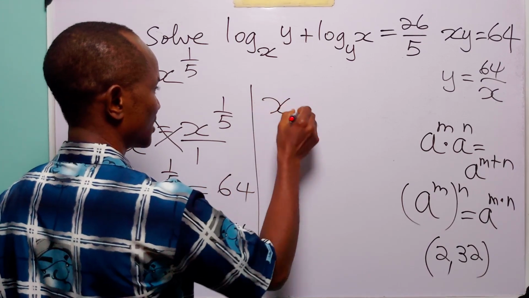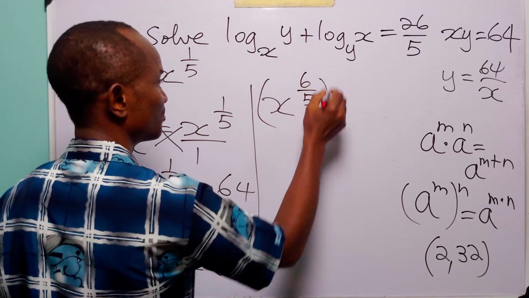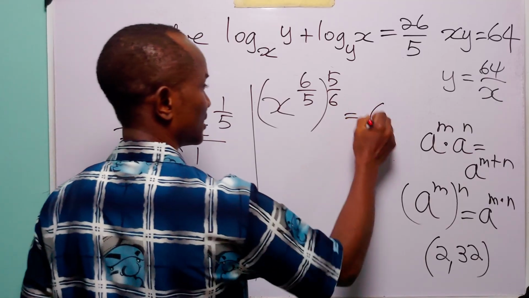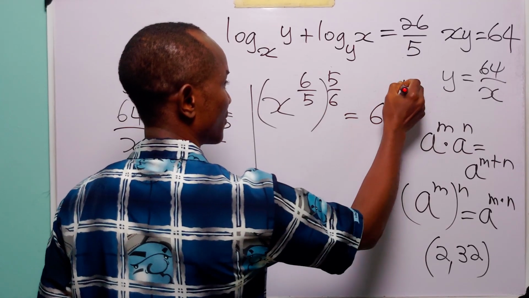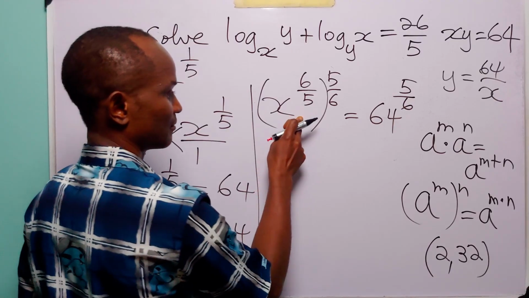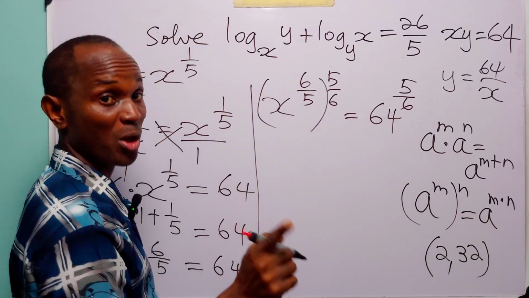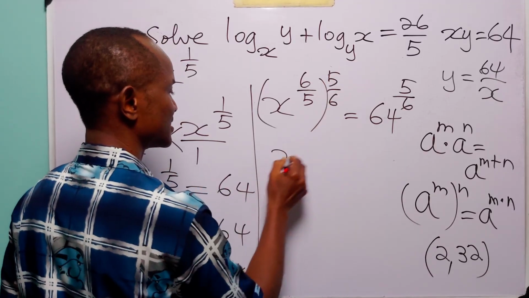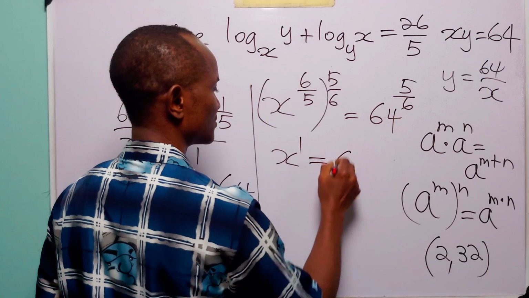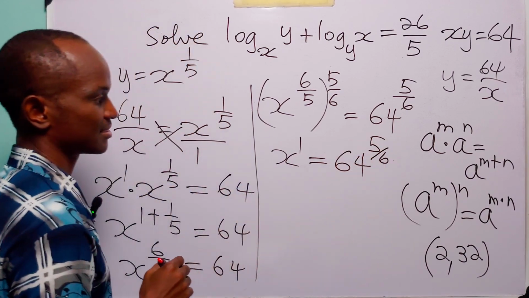That is, we have x to power 6/5 to power 5/6 is equal to 64 to power 5/6. Because we go back to this, you know that 6/5 multiplied by 5/6 is equal to 1. So this is equal to 64 to power 5/6.